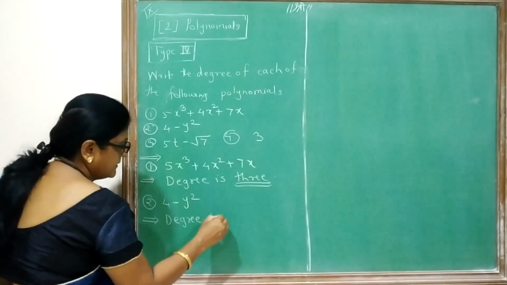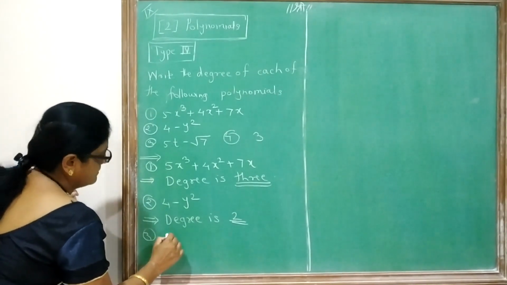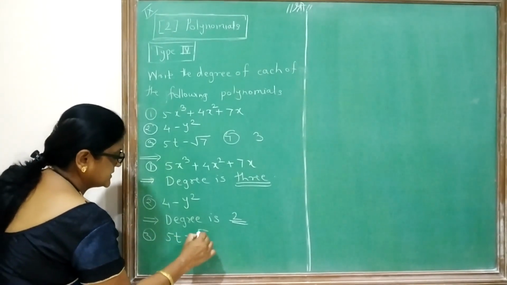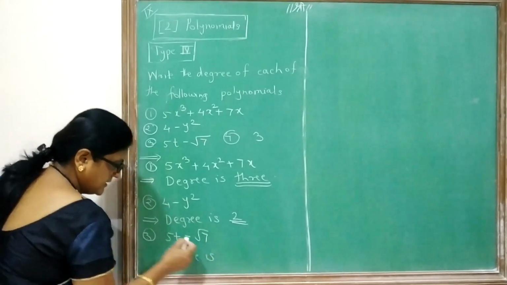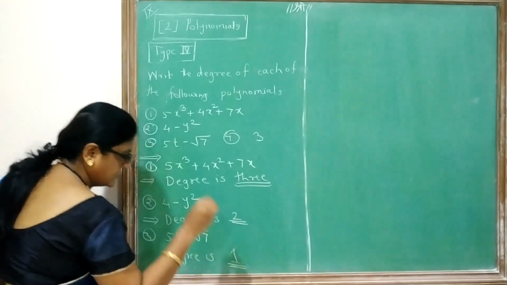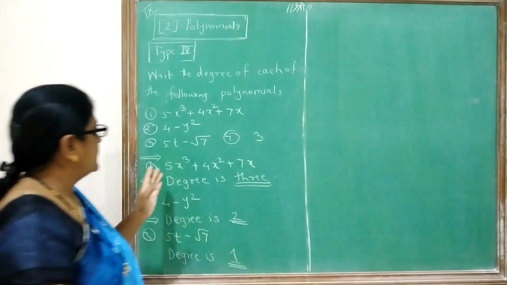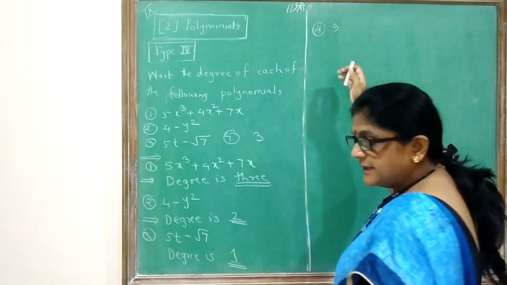Degree is 2. Your third example, 5t minus root 7. Here t is raised to 1, so the degree is 1. Your fourth example, 3. Here degree is 0.